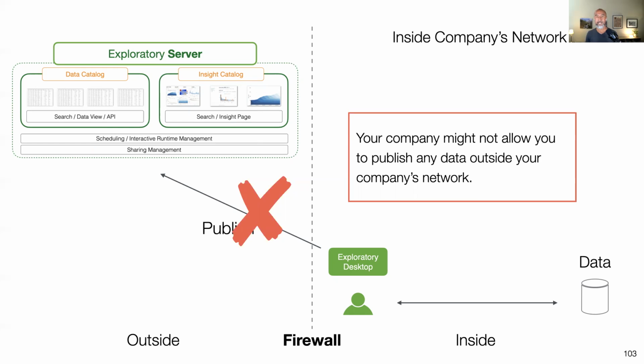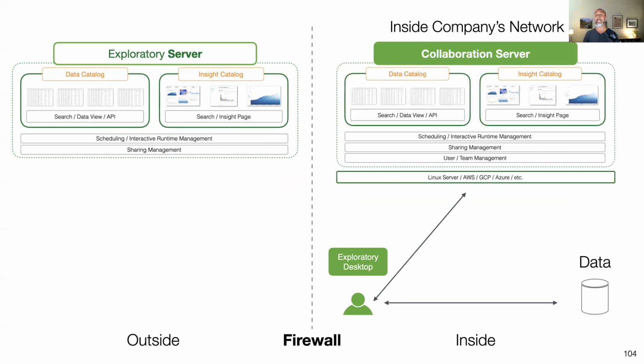So in that case, you can actually bring this Exploratory Server onto your own server, and that is a Collaboration Server. The Collaboration Server is really the Exploratory Server, but the on-premise version. So we call it Collaboration Server. You can install it on your Linux server, if you have one, or AWS, Google Cloud Platform (GCP), or Microsoft Azure, whatever the cloud platform or server is, you can deploy it.